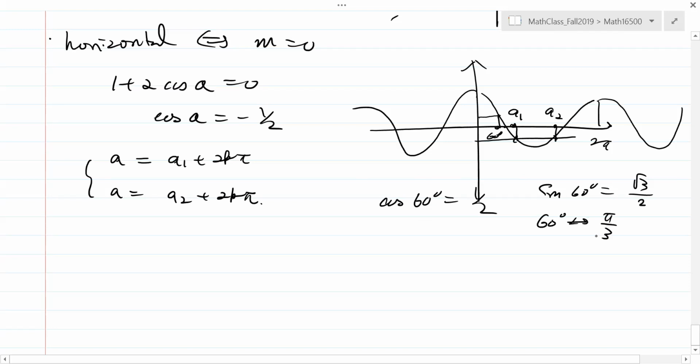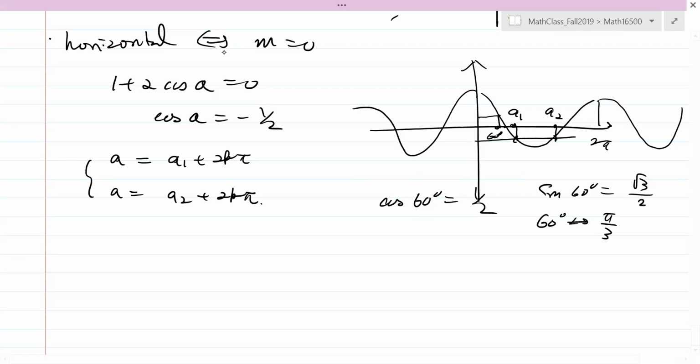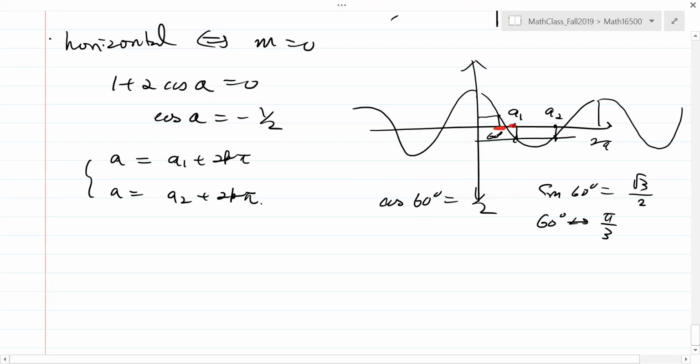So I think these two pieces are the same. And I know this is going to be pi over 2, that's pi, that's 3 pi over 2, right?